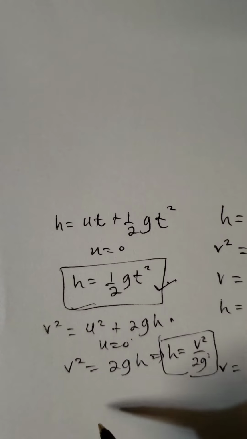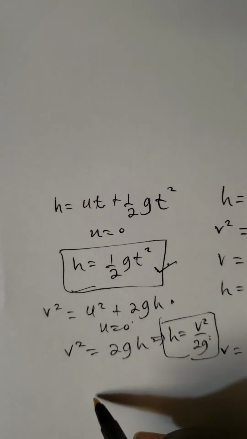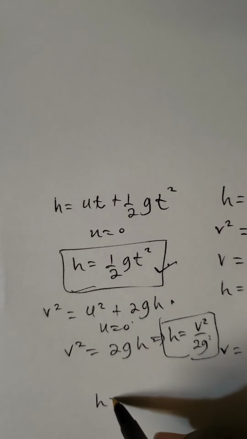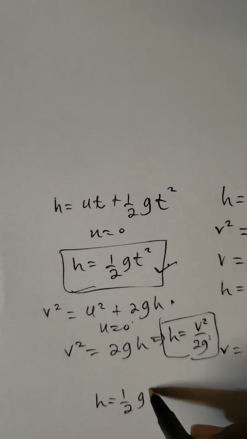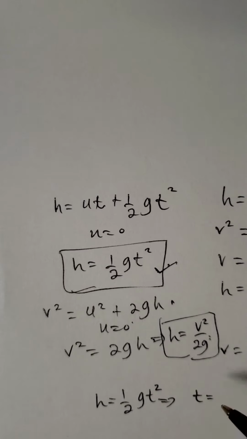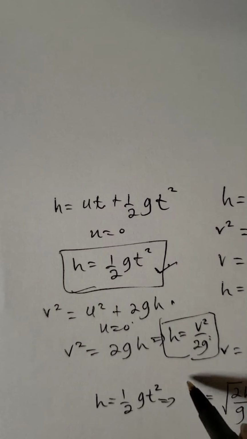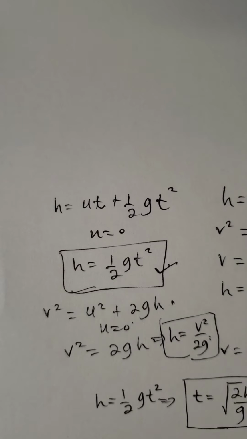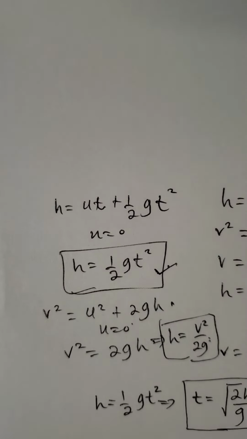In doing so, we have h is equal to half gt squared. Now by taking the square root of both sides, we have that t is equal to the square root of 2h all over g. So this is the time it takes for the object to fall a distance h.